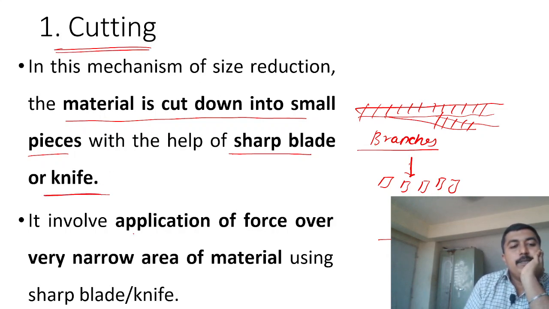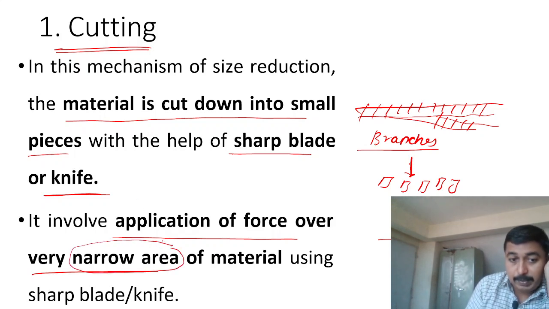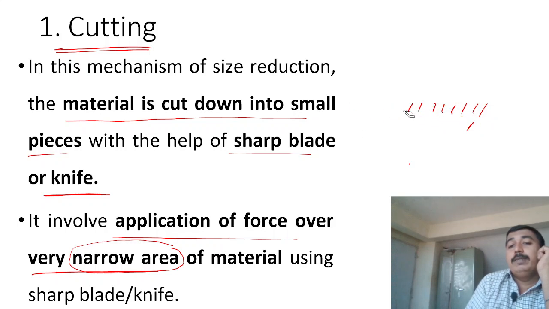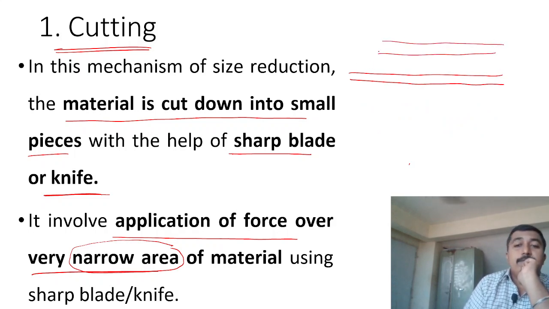So here simply a force is applied on the material with the help of a sharp knife or blade, and the most important thing, on a narrow area of the material. What does application of force on the narrow area of the material mean? That we'll see. Suppose I have collected branches like this. Now where should I cut first?